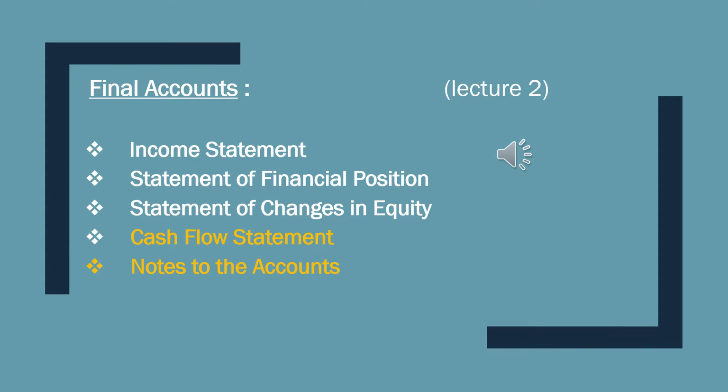The first three topics, income statement, statement of financial position, and statement of changes in equity, are there in your course, whereas the other two are not. You must have a brief understanding of cash flow statement, and it's just that.